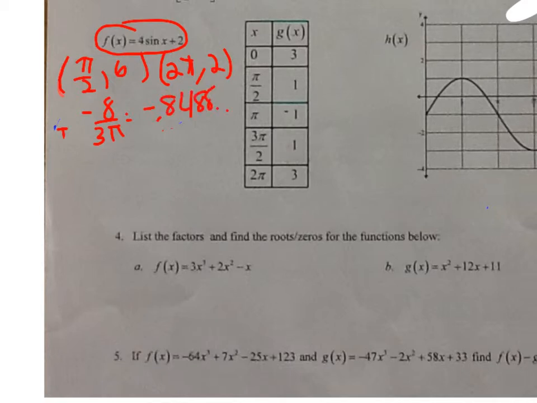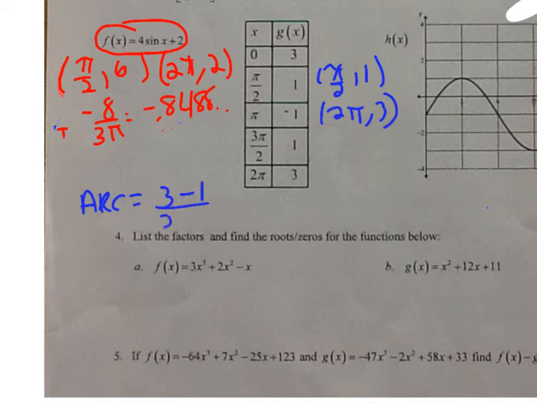All right, now let's talk about g of x. So for g of x, my x is pi over 2, my y is 1, and my x is 2 pi, and my y is 3. So remember, it's y minus y over x minus x, so the average rate of change is 3 minus 1 over 2 pi minus pi over 2. So that's 2 over... now we already had 2 pi minus pi over 2.